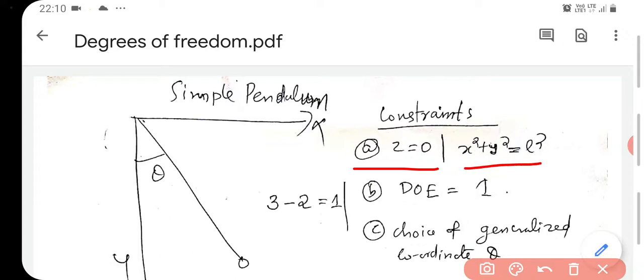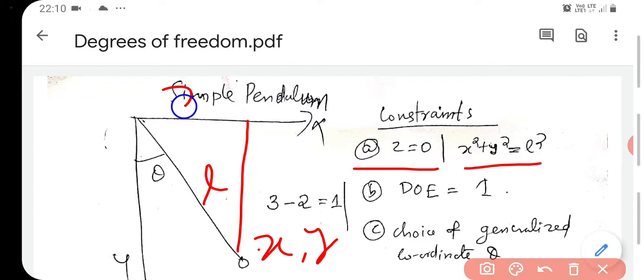Then there is x square plus y square equal to L square, where L is the length. So this is the second constraint. The coordinates are x, y.